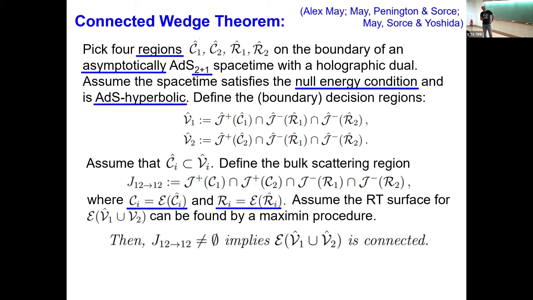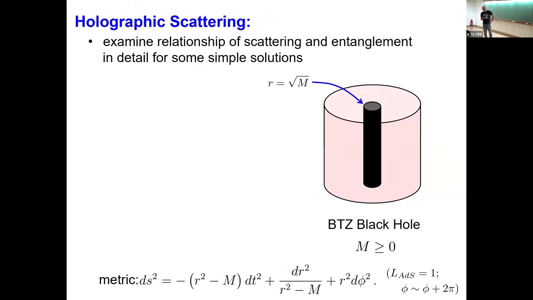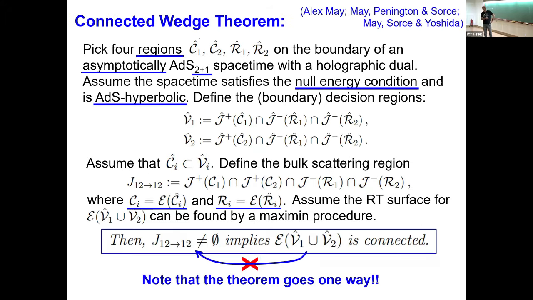The other thing is that before I was drawing pictures just for AdS3, now we're talking about asymptotically AdS3, and so I can imagine that my geometry contains excitations, scalar fields or photons propagating about, or even black holes.